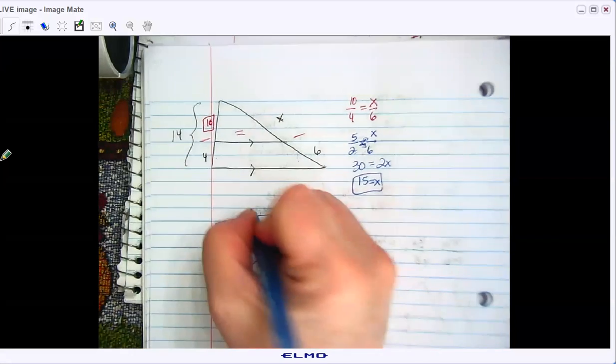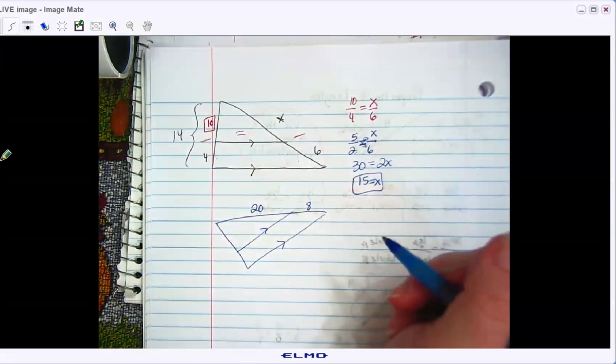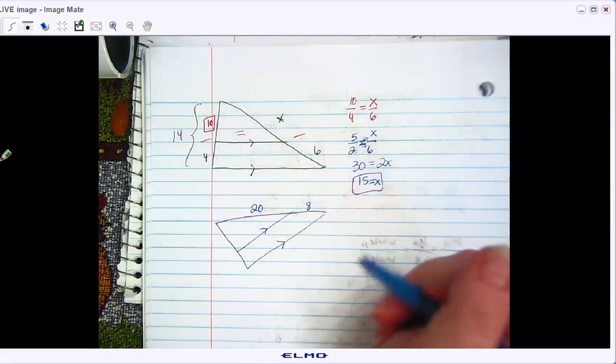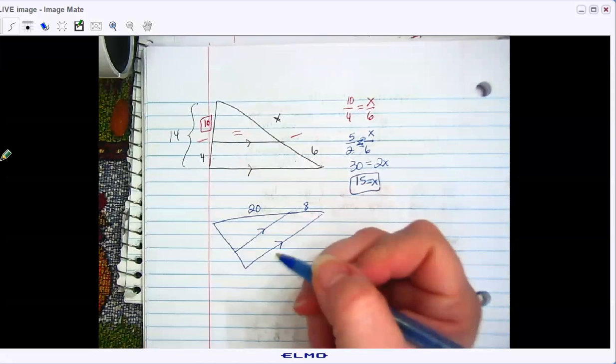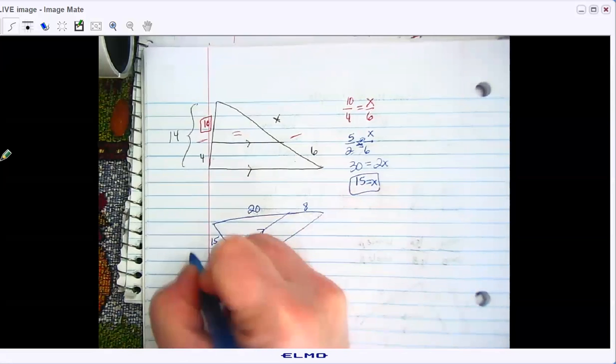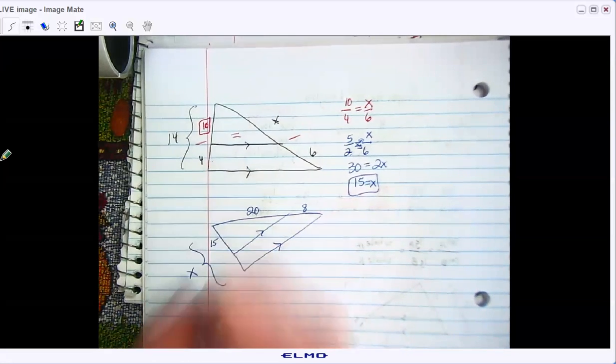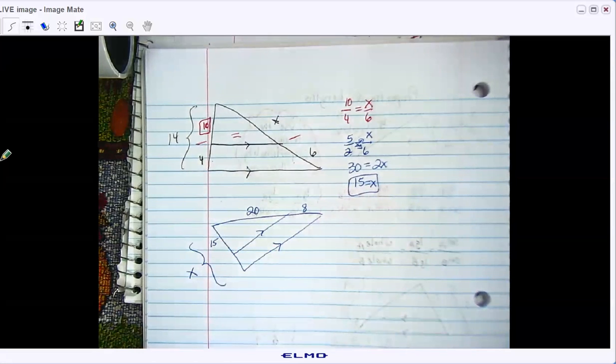So I'm going to tell you this is 20, this is 8, and no, my drawings are never to scale. So this one is 15, and this one's x. You're like, and I can hear some of you now going, but that doesn't look like the last one we did. I get it, I know. That's why I'm giving you the different examples, okay?